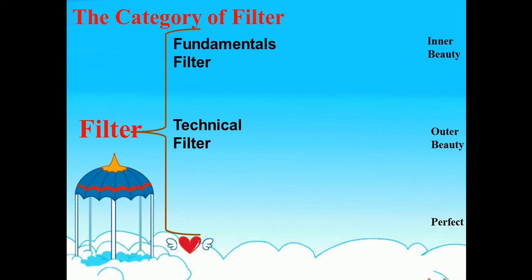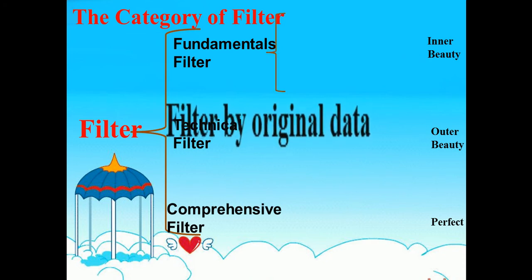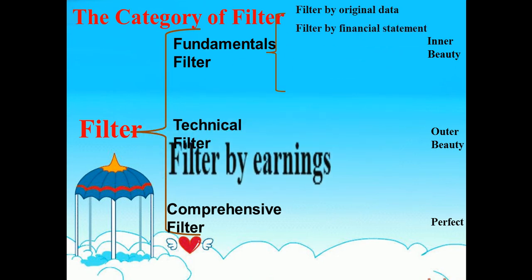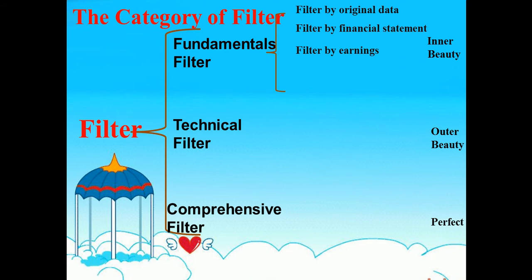So let's see the fundamental filter, the technical filter, and the comprehensive filter. Okay. So let's see the first one, the fundamental filter. Filter by the original data, the financial statement and earnings. So you should check whether the company earns a profit or not, and check the earnings of the company and the financial statement.